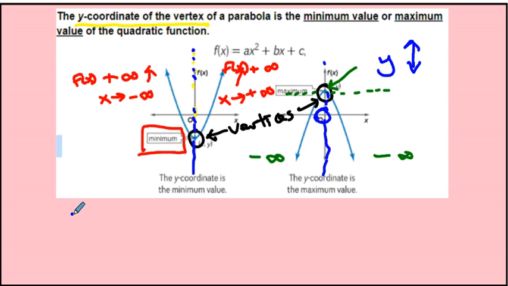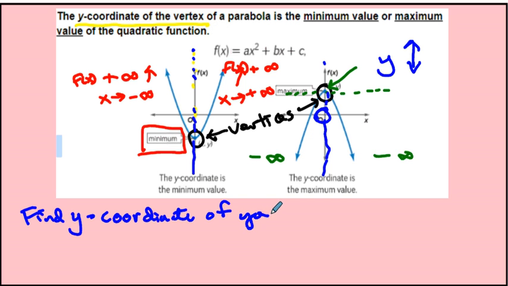So to recap, you are finding the y-coordinate of your vertex. That's what you want to find. That will tell you what your max or minimum is.